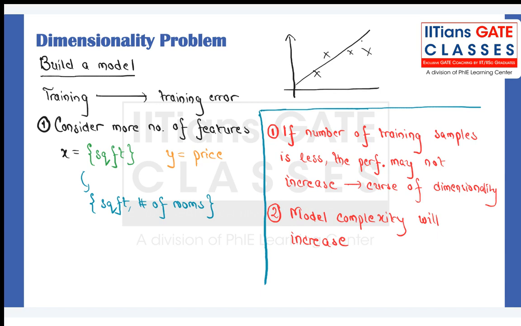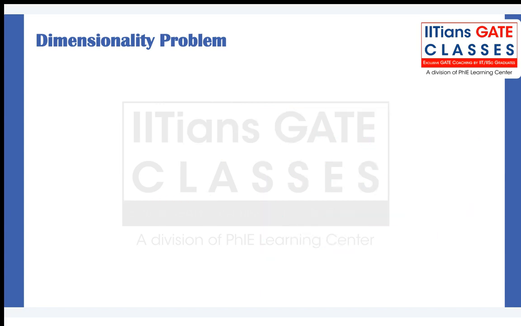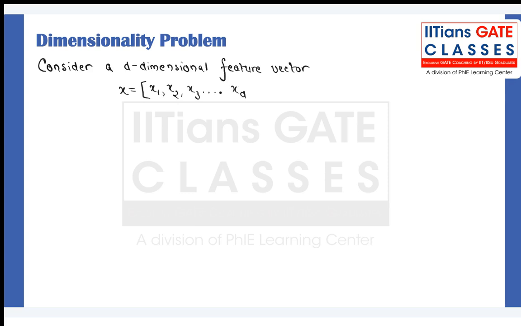Formally, consider a d-dimensional feature vector, in the sense x is nothing but x1, x2, x3 till xd, such that x belongs to a d-dimensional space.